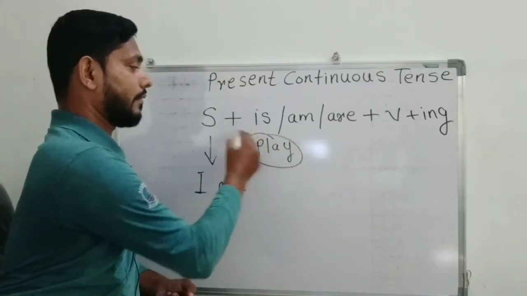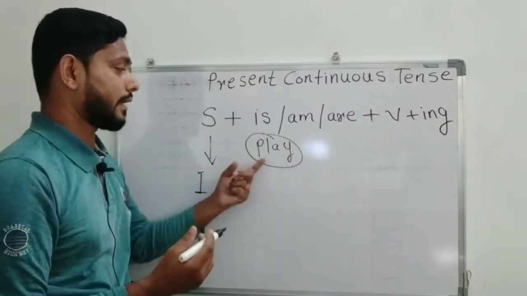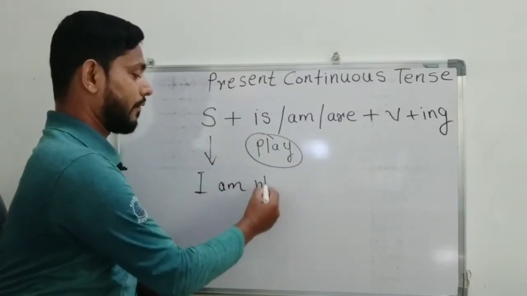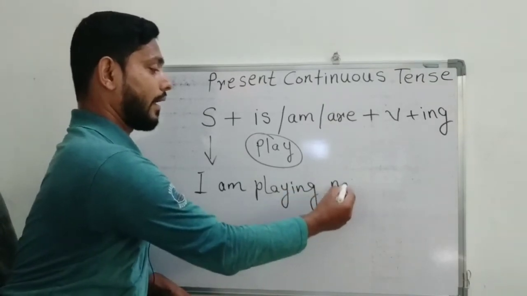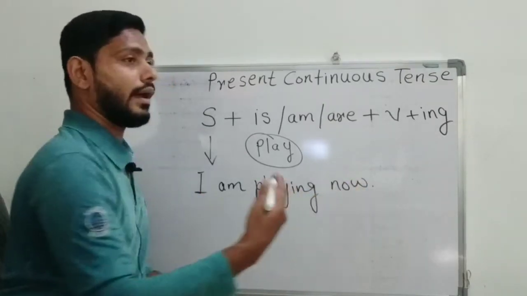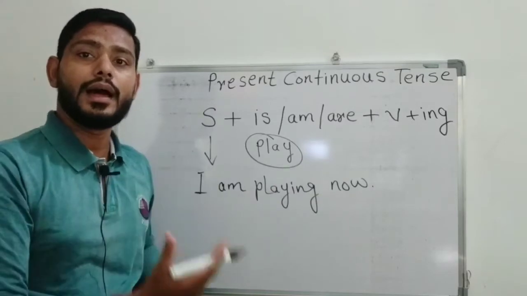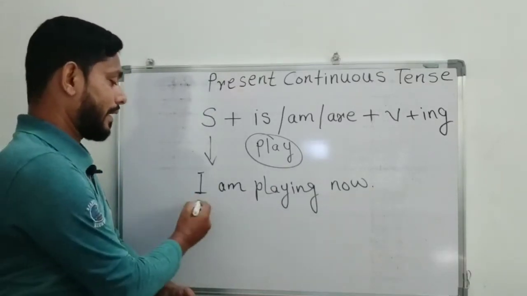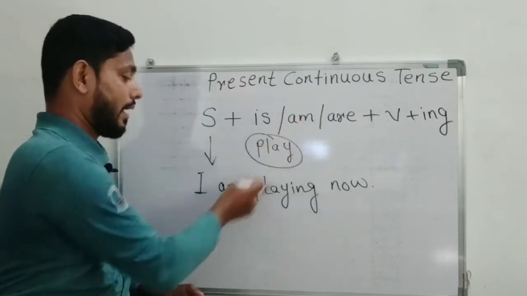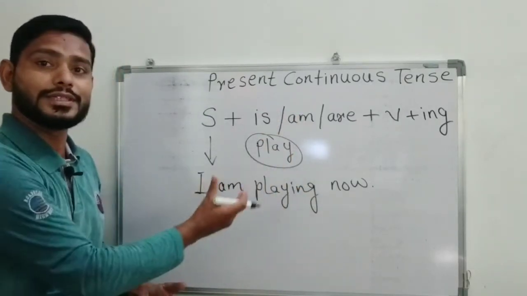It's just an example, one verb taken, play. So what may be the form of the verb? I am playing. I am playing now, or I am playing cricket, I am playing football, I am playing basketball, whatever it is. So here I is followed by am, playing. This is the present continuous form.